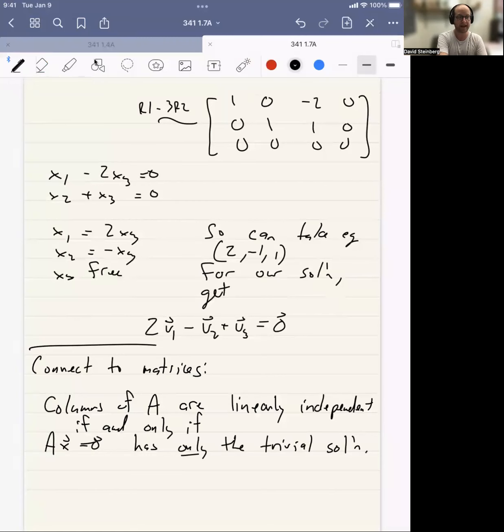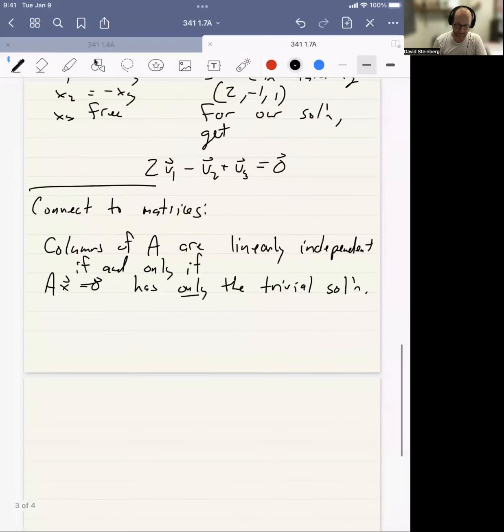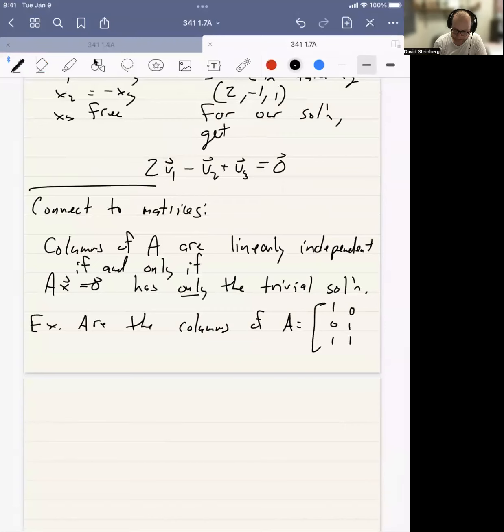Okay, so we might reasonably ask, are the columns of the matrix 1, 0, 1, 0, 1, 1, 2, 3, 1 linearly independent?